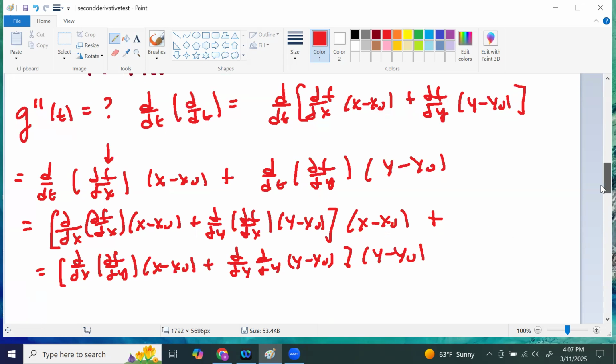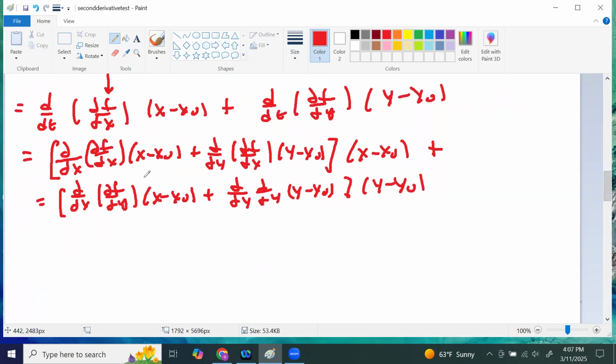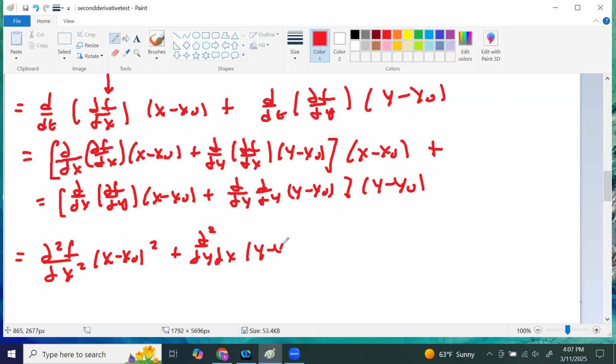So the second term of the Taylor series, and we're going to do a little multiplication, is going to be the second partial of f with respect to x twice, x minus x naught, this times this squared. Now I'm going to go ahead and write it this way. Y minus y naught, x minus x naught, plus, now we're going in the other order.